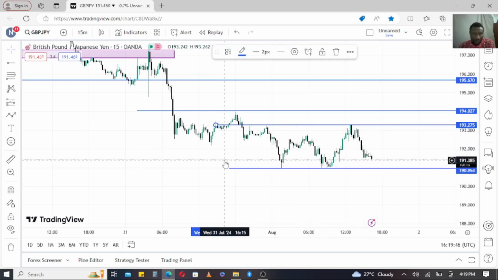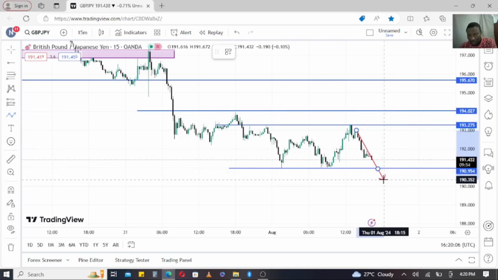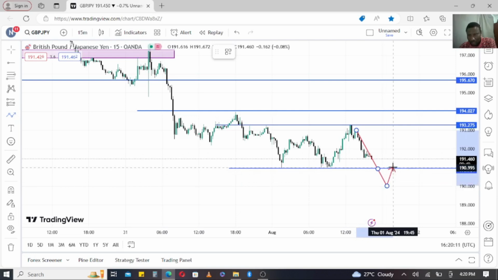So at this point I will be expecting a breakout. From here I'm expecting the market to either come here and break this structure and I can enter for a buy, or I'm expecting the market to break this previous low, retest it back and drop off again. Yeah, so this is how I do my analysis before I enter into a trade.